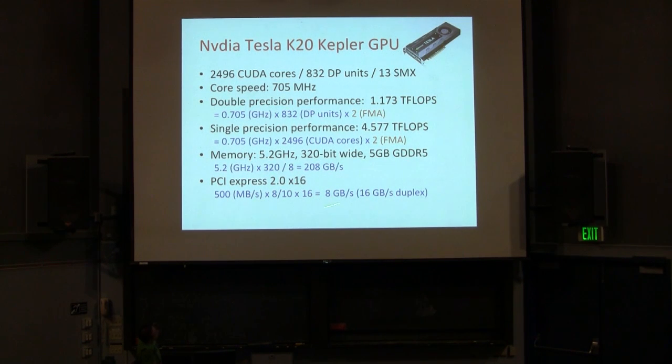So you can calculate the PCIe speed here. So it's a huge factor. So when you're trying to program for this kind of architecture, right, you really want to minimize the data transfer between the CPU and GPU. You want to transfer the data once, and reuse the data multiple times on the local GPU.